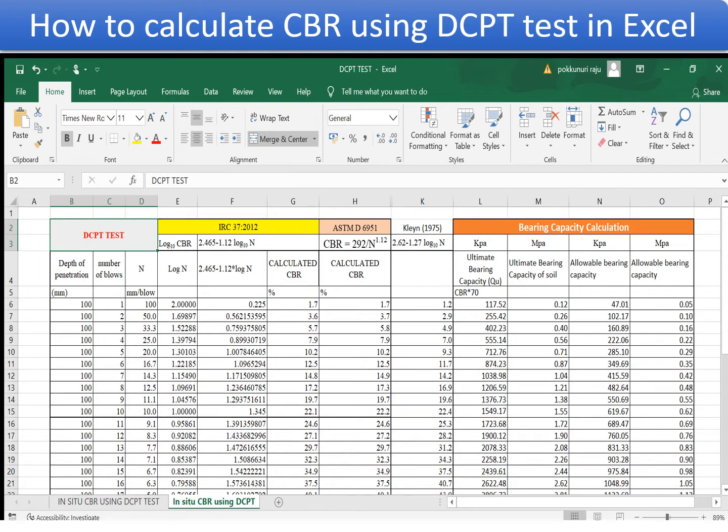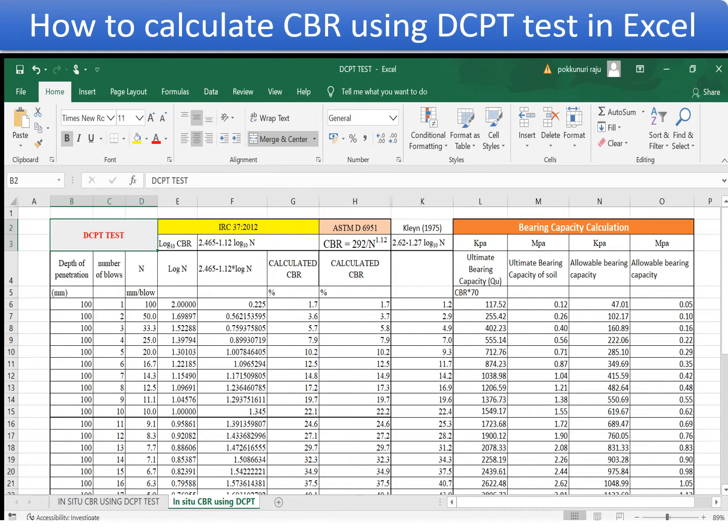In this particular calculation, it has been seen that there is a difference between the values calculated using IRC37 or ASTM D6951 and Klein's prediction model. But these differences exist up to a point where the N value is 11.1, or the number of blows is 9, that means when the CBR is 19.7.